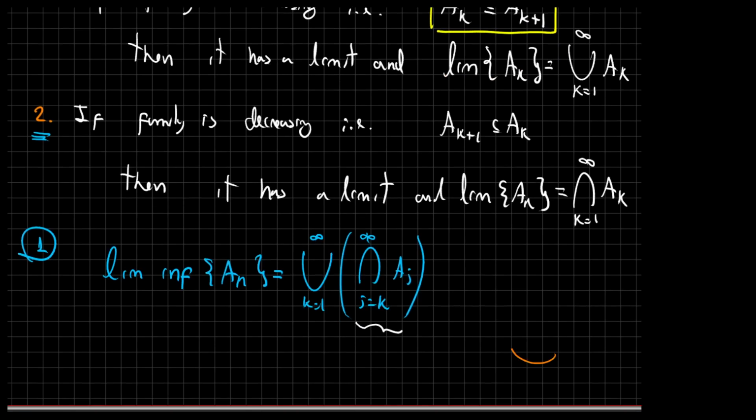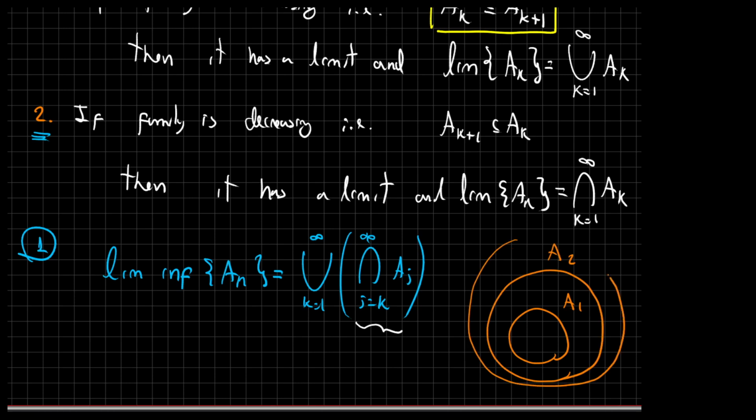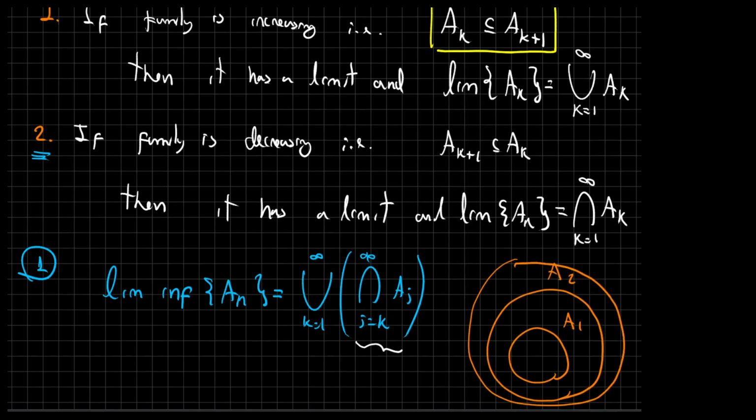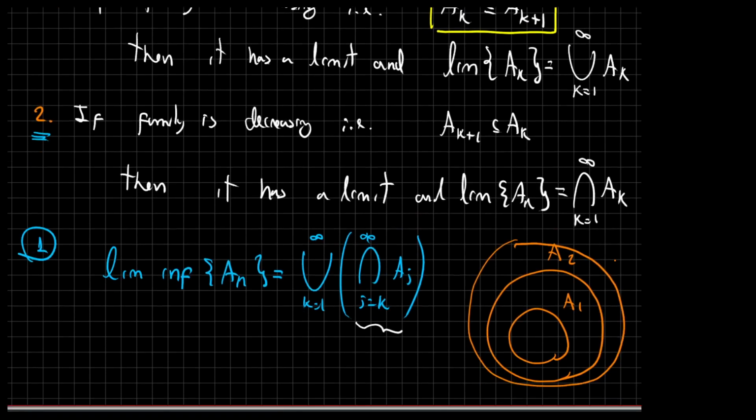So let's draw it. This is our first, and this is the second one, and the third one, because you know that the family is increasing. Just to show the first. So when you intersect everything, what is common in everything that starts from k?